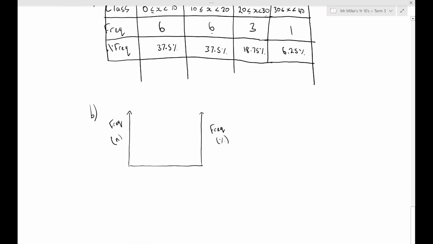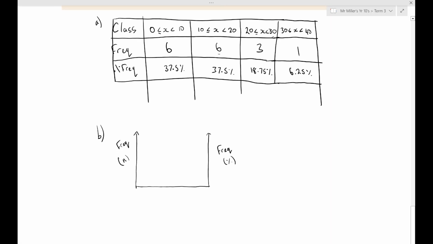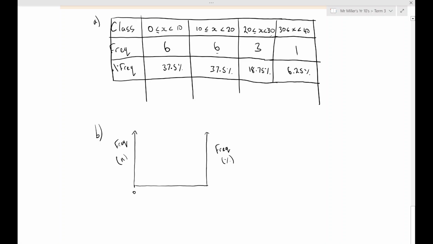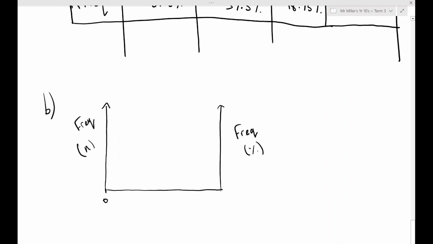And what we'll do for our scale, we'll set up not our intervals, we'll set up just a regular old number scale. 0, maybe I'll go to 10, then I'll go to 20 over here, 30 over here, and then we'll finish off at 40.